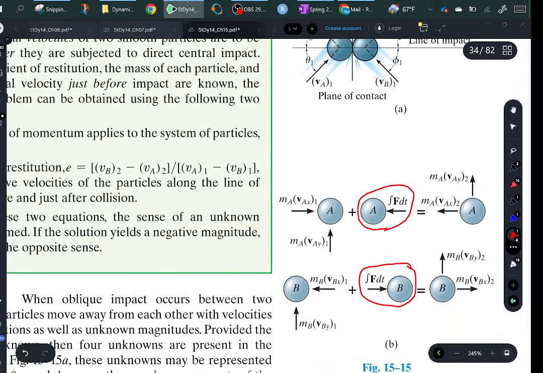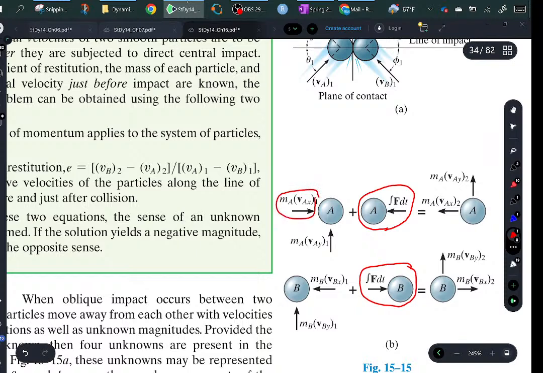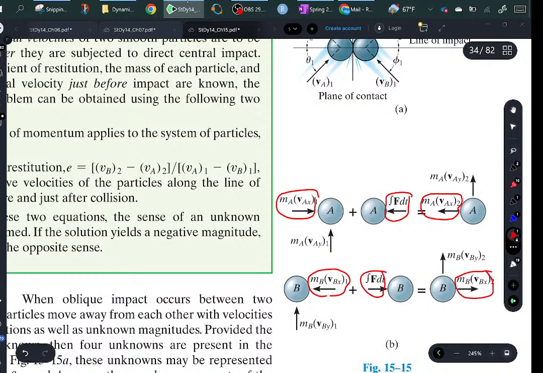It turns out, and this sounds weird, but the momentum equation here, you've got the x momentum equation, the x, and you've got an x, and x, and x. It turns out the line of impact is where you use the coefficient of restitution.